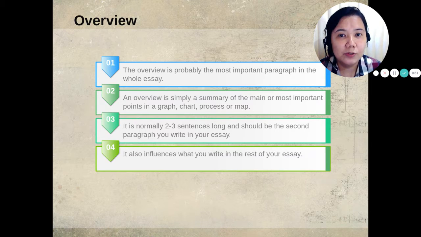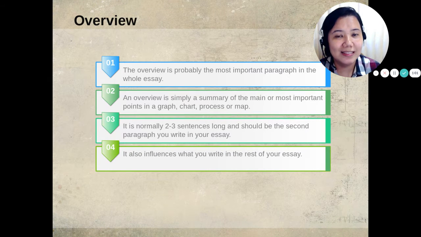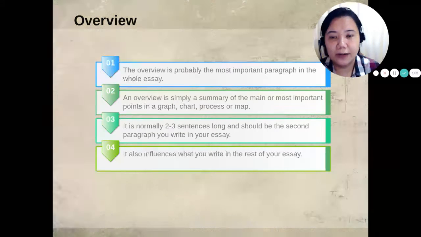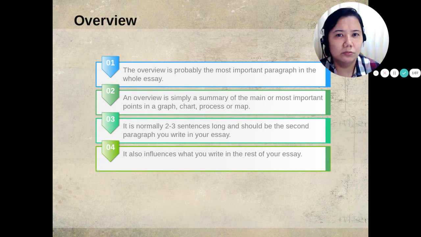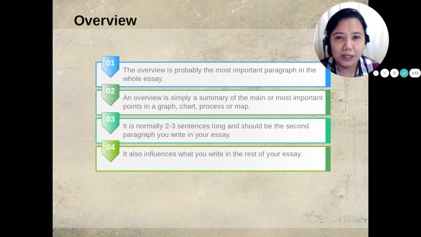It is normally 2 to 3 sentences long, and it should be found in the second paragraph of your essay. As we are going to see later on, it is also something that influences what you're going to write in the rest of your essay. We need to learn how to make a good one, and if you're able to do that, you will be more likely to get a good score.